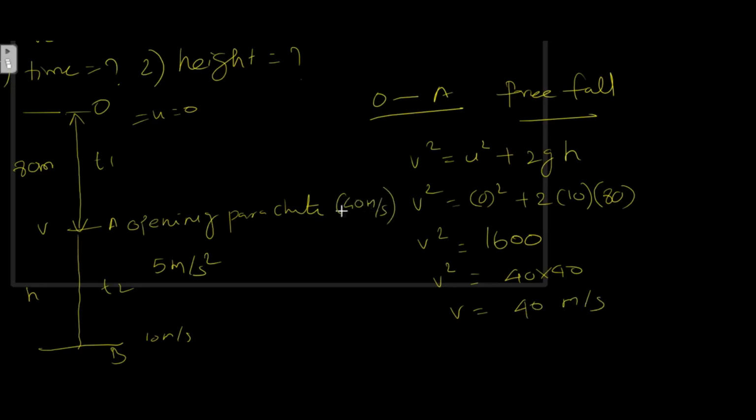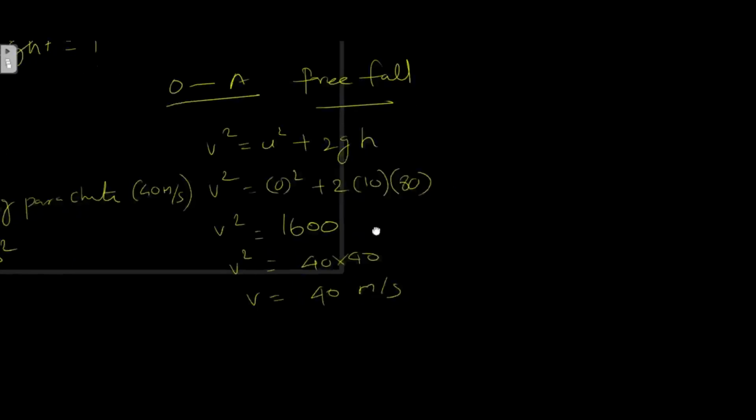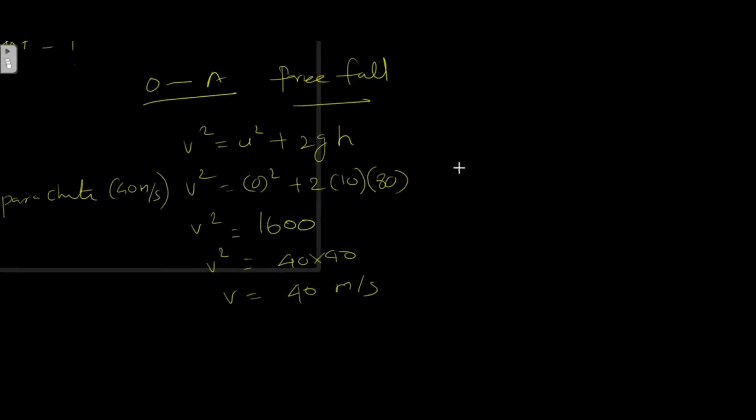So we reach 40 meter by second, and we can find the time taken. To find the time taken, use the formula S equals ut plus half gt square. So height h equals ut plus half gt square, with u as 0. For that 80 meter, the time taken can be found.